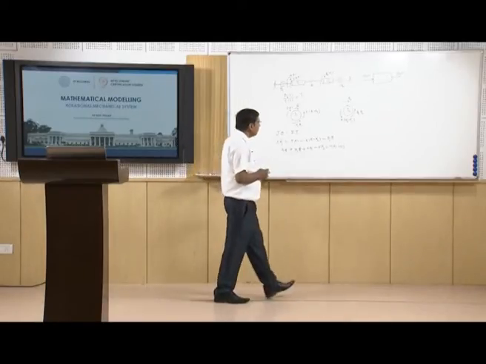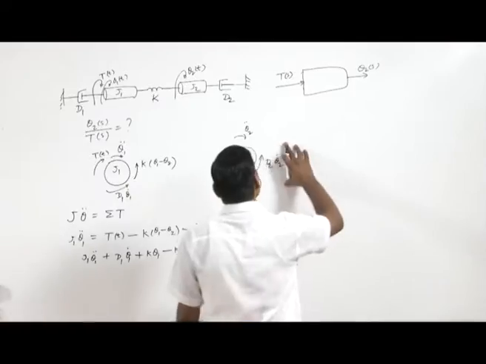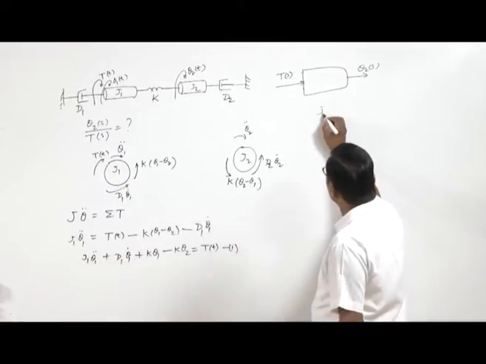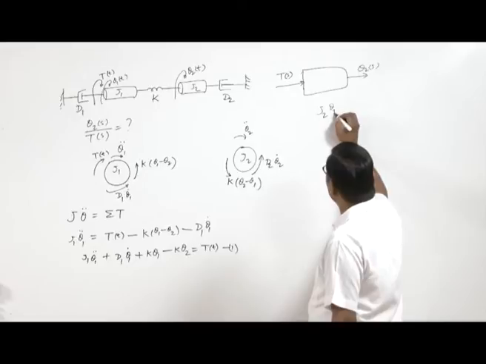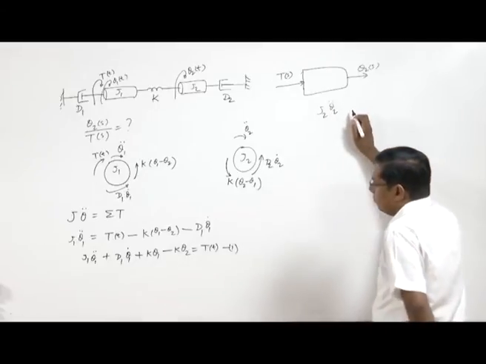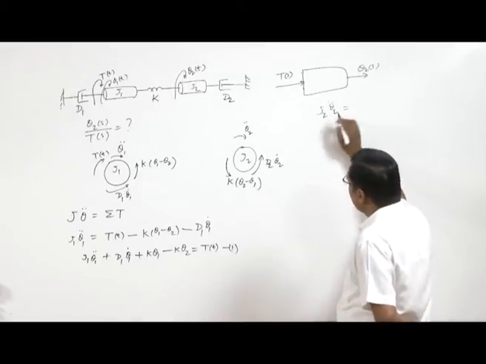Now, for the second system, we write J2 theta 2 double dot equal to summation of torques.